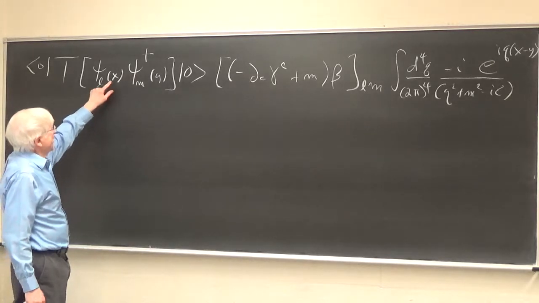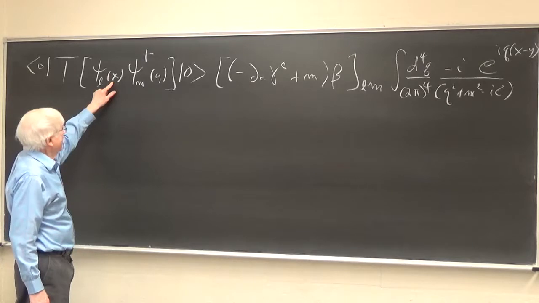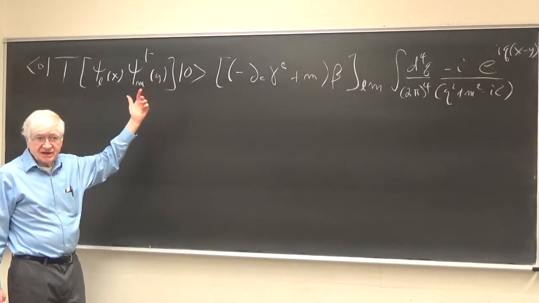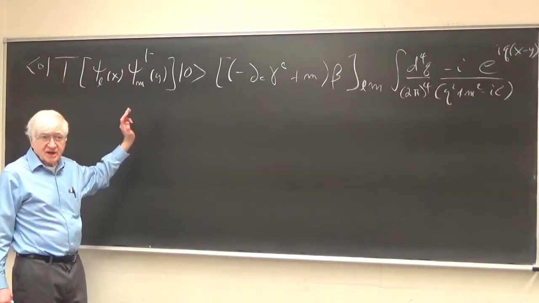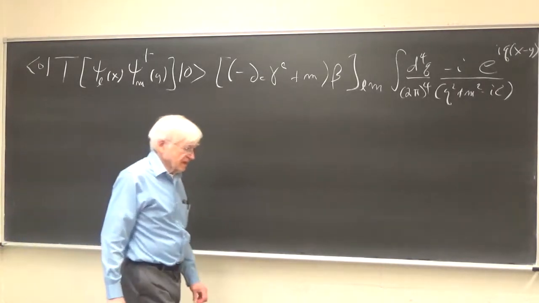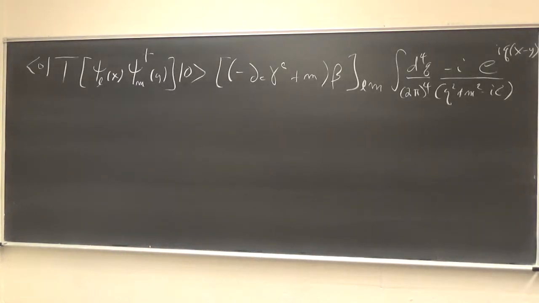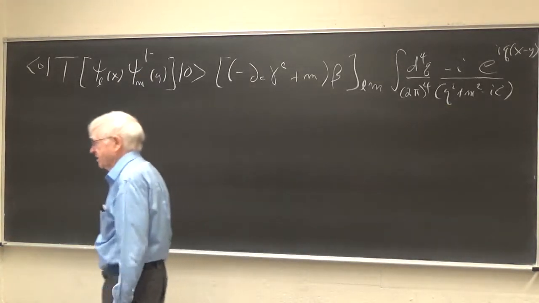In other words, when x is earlier than y, then psi L appears to the right, and an extra minus sign appears in the definition of the time-ordered product. That is to avoid having the definition be absolutely silly due to Fermi statistics.